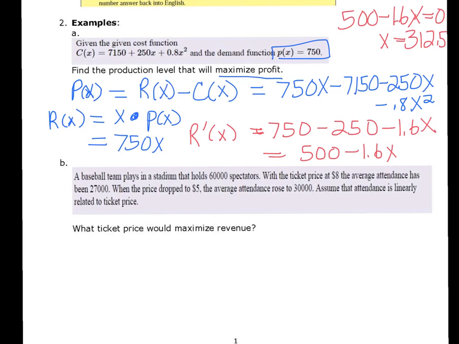So that is going to be the production level, or the amount that we're going to produce to maximize profit.